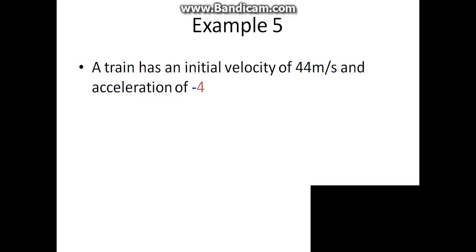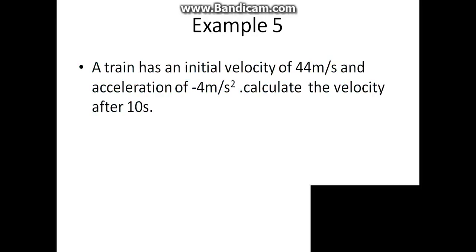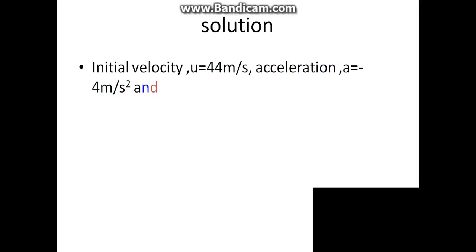Example 5. A train has an initial velocity of 44 meters per second and acceleration of minus 4 meters per second squared. Calculate the velocity after 10 seconds. Solution. Initial velocity u is equals to 44 meters per second, acceleration a equals to minus 4 meters per second squared, and time t is equals to 10 seconds.